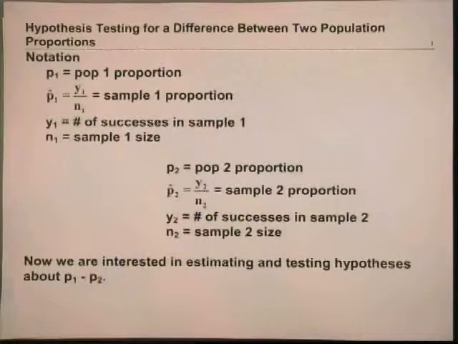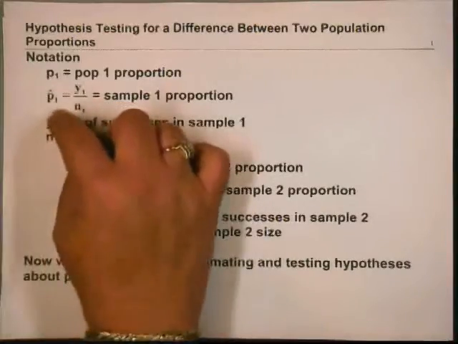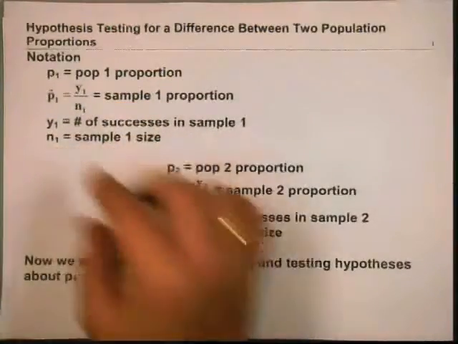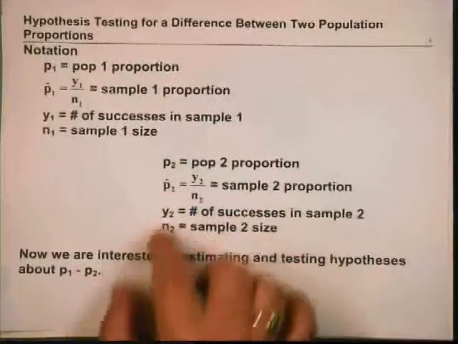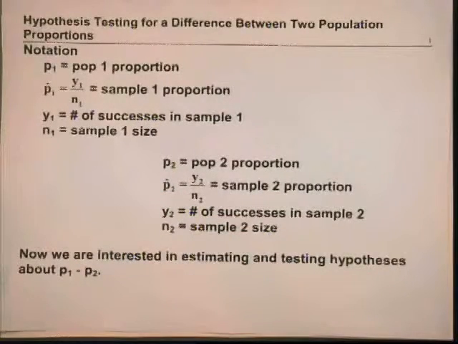We are indexing things in a similar way when we have two populations and two samples. So indexing the proportions and their estimators with a 1 if they come from sample 1, or population 1, and they're indexed by a 2 if they come from population 2.